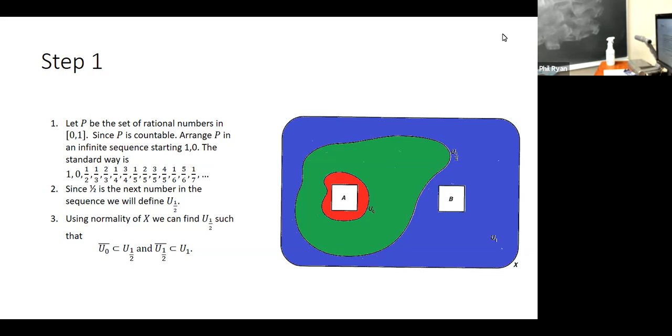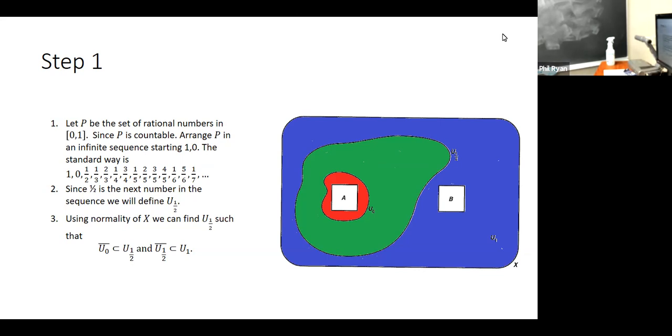Again, we just use normality, so we can put an open set between U0 and B. U1/2 contains the closure of U0, because the sets we're using normality on are the closure of U0 and B. Because of that, we can stick in an open set to cover the closure of U0.